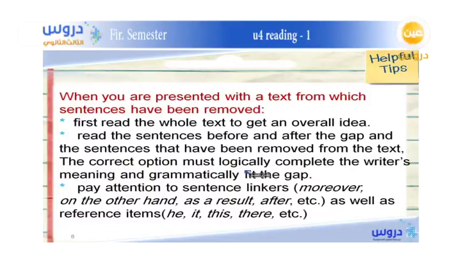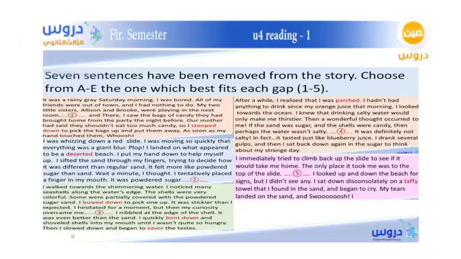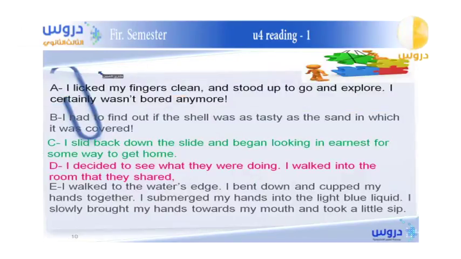The correct option must be logically complete, match the writer's meaning, and grammatically fit the gap. Pay attention to the sentence links: moreover, on the other hand, as a result, after, etc., as well as references such as he, it, this, there, etc. Okay, we're going to read about this awesome story.